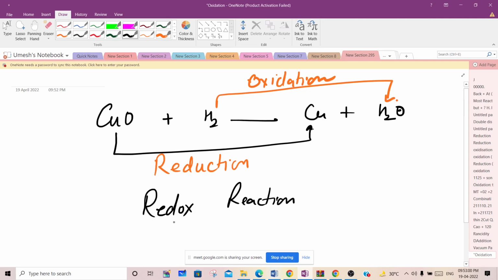So once again, I'll note it down. RED for reduction, OX for oxidation.